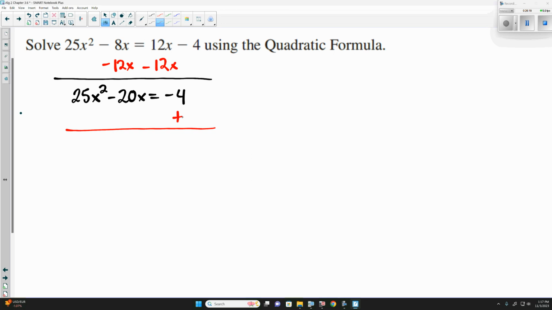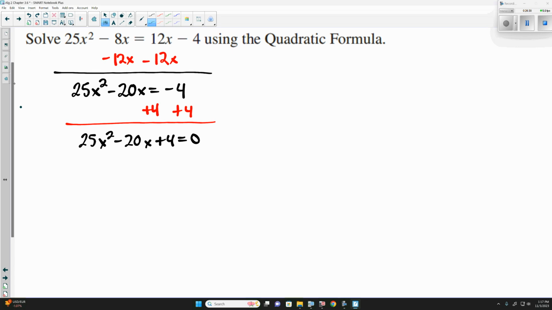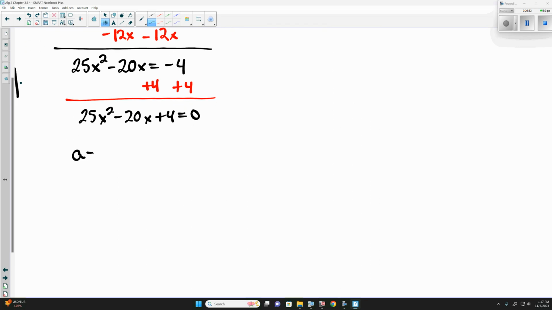Next thing we can do is add 4, telling us 25x squared minus 20x plus 4 is equal to 0. Questions on how we got this equal to 0?